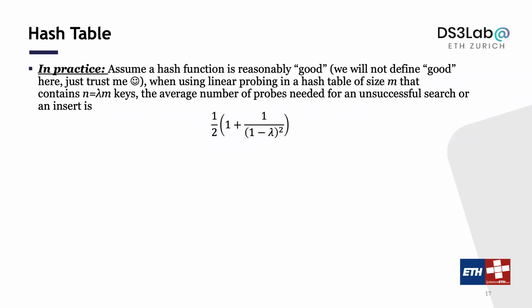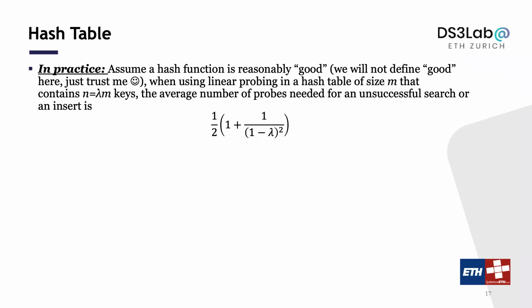So in practice, if you give me a hash function that's reasonably good, so here we are not going to define what we mean by good. You just trust me, okay? There's a very precise definition of what good really means. We are using linear probing in a hash table of size m that contains n keys, n equals lambda times m.